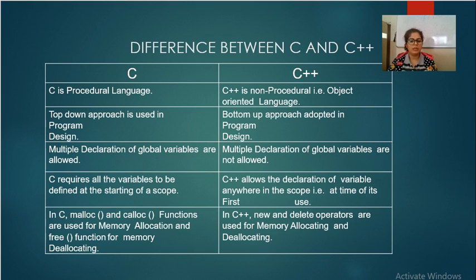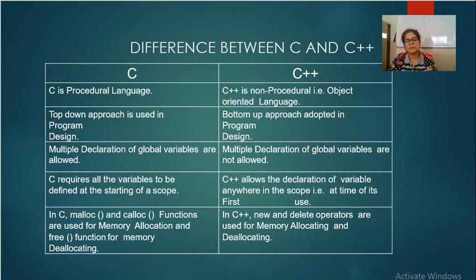Next, multiple declarations of global variables are allowed in C, whereas multiple declarations of global variables are not allowed in C++. In C, whenever we have to define any variable, we have to define it at the starting of the program, whereas C++ allows us to declare a variable anywhere.